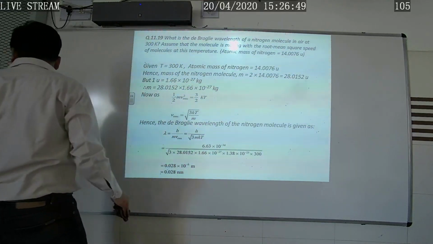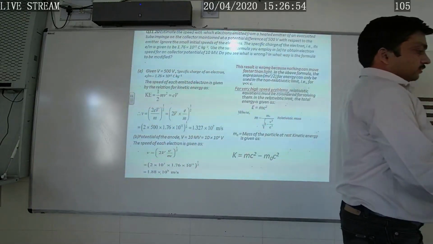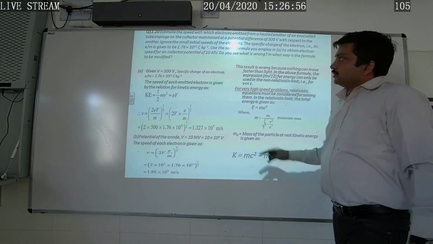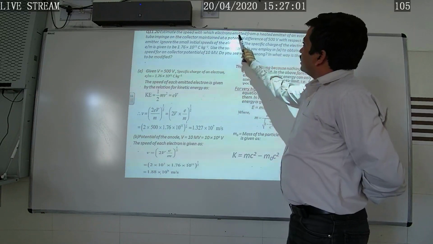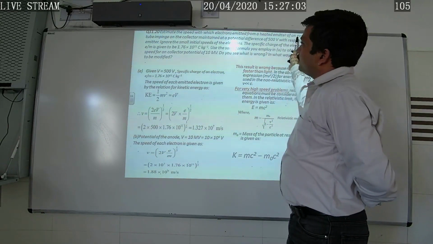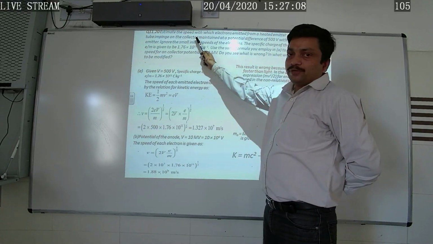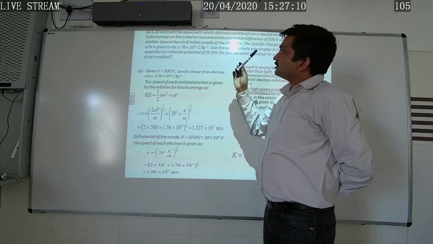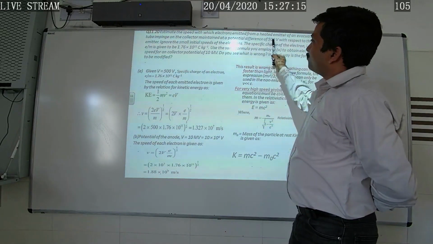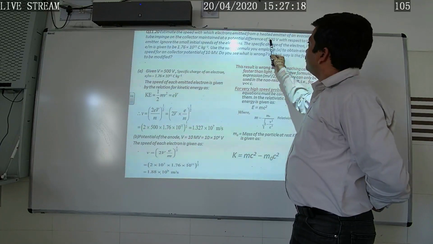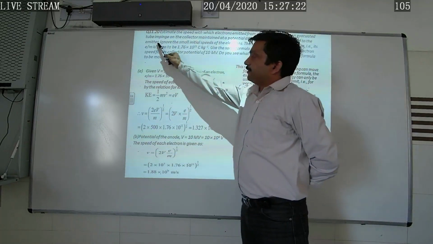The last question. Estimate the speed with which the electrons emitted from a heated emitter of an evacuated tube impinge on the collector, that is, strike the collector, which is maintained at a potential difference of 500 volts with respect to the emitter.